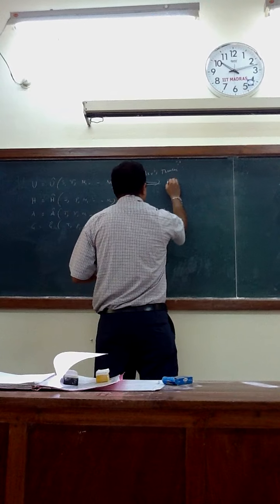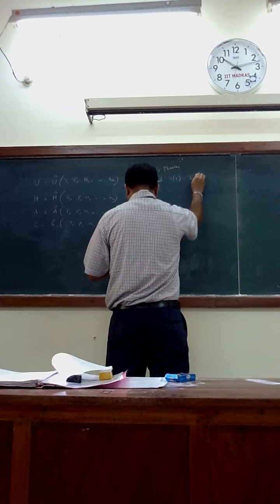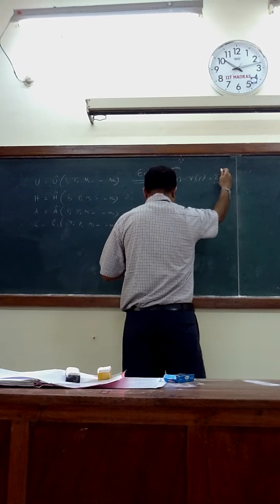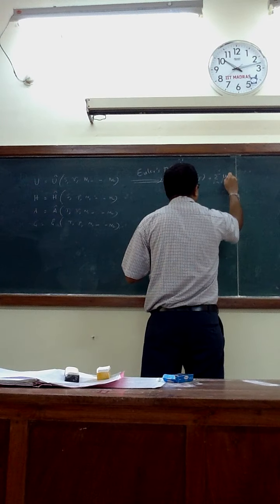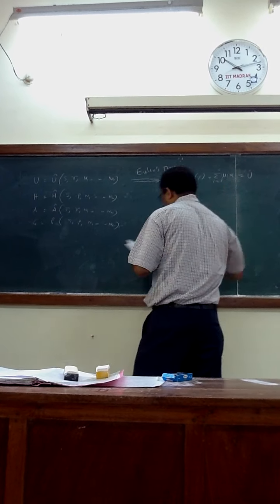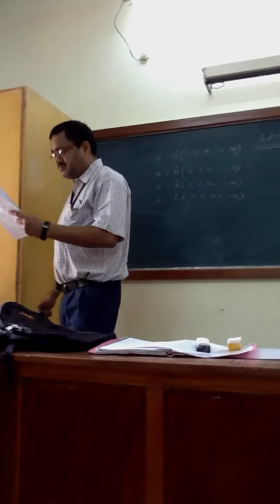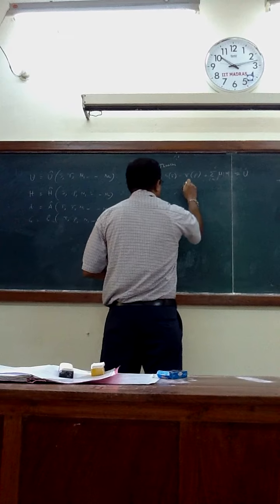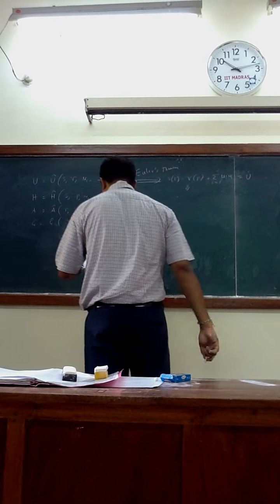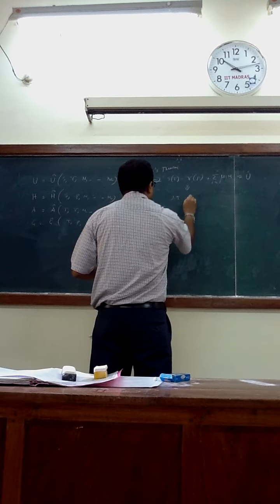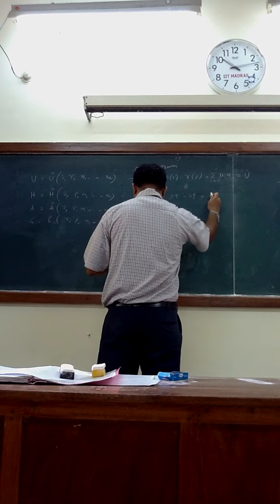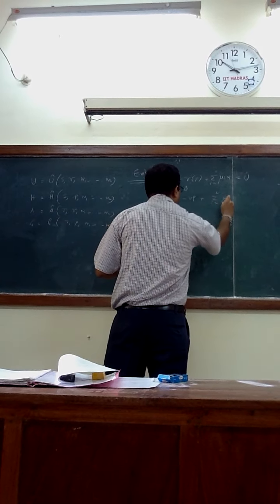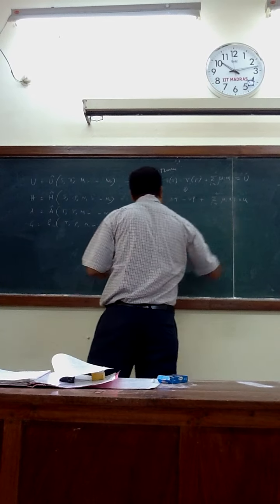So we have found TS minus PV plus summation i equals 1 to C of mu_i N_i equals G. And if you divide by n, you put it in terms of specific variables: TS minus PV plus summation i equals 1 to C of mu_i x_i equals g.